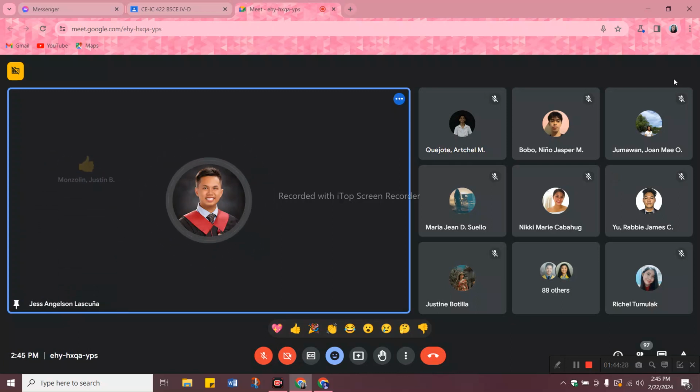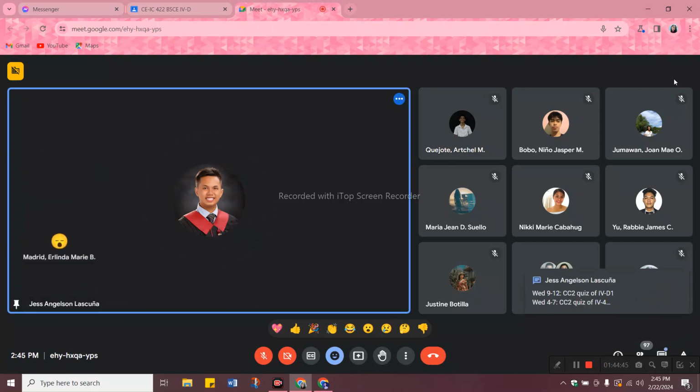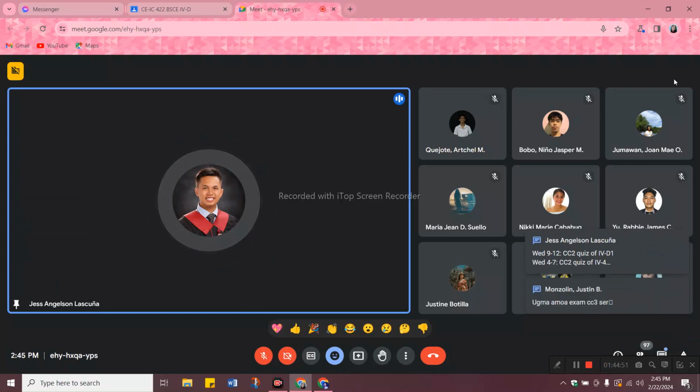Sabado 9 to 12 is ang -6. I-post ko yung schedule diri sa messages.